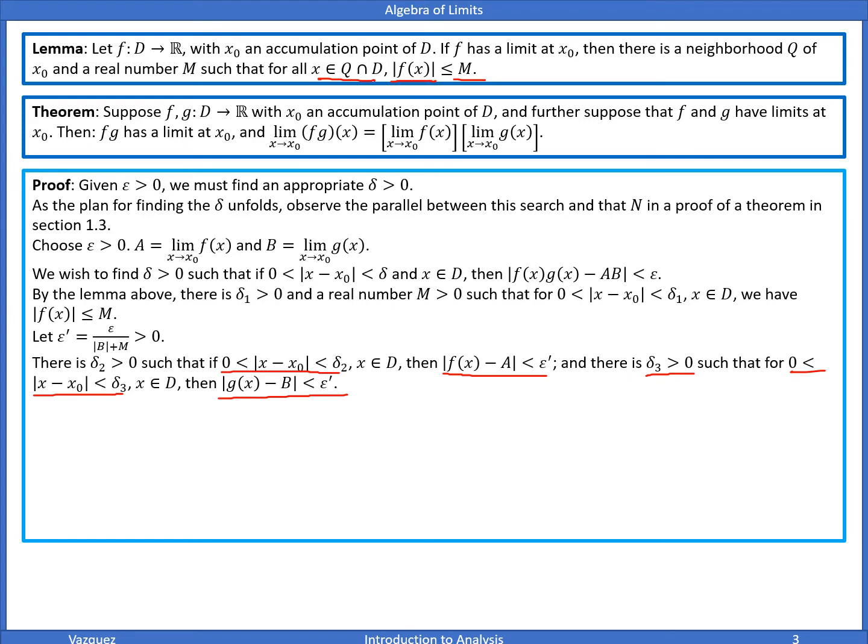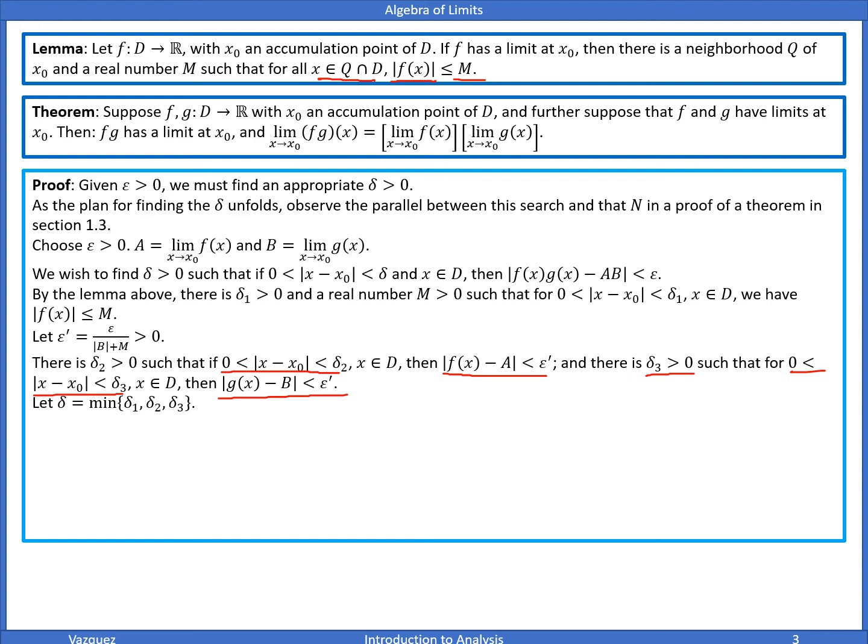Again, this may not be so clear. You might want to work out the details within this proof, which, like I said, have been done in section 1.3. But now we're going to let delta be the minimum of all these deltas.